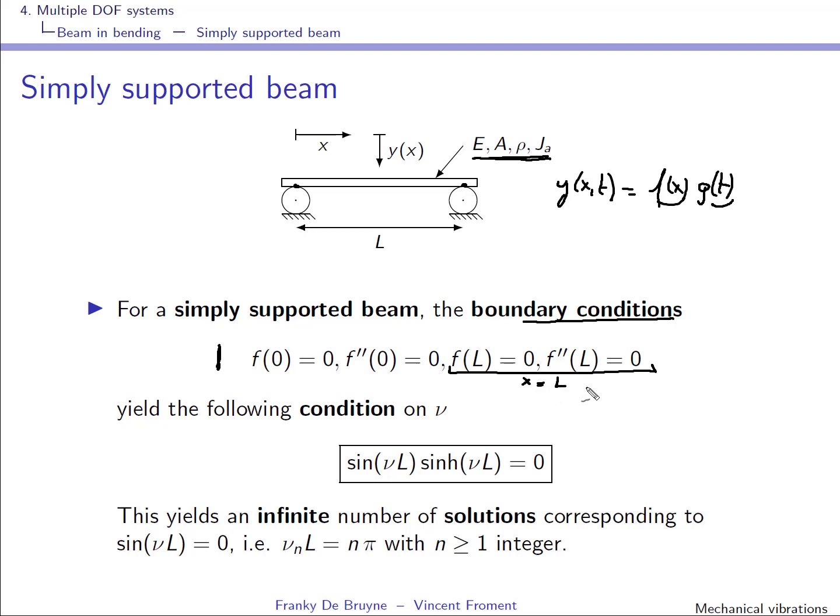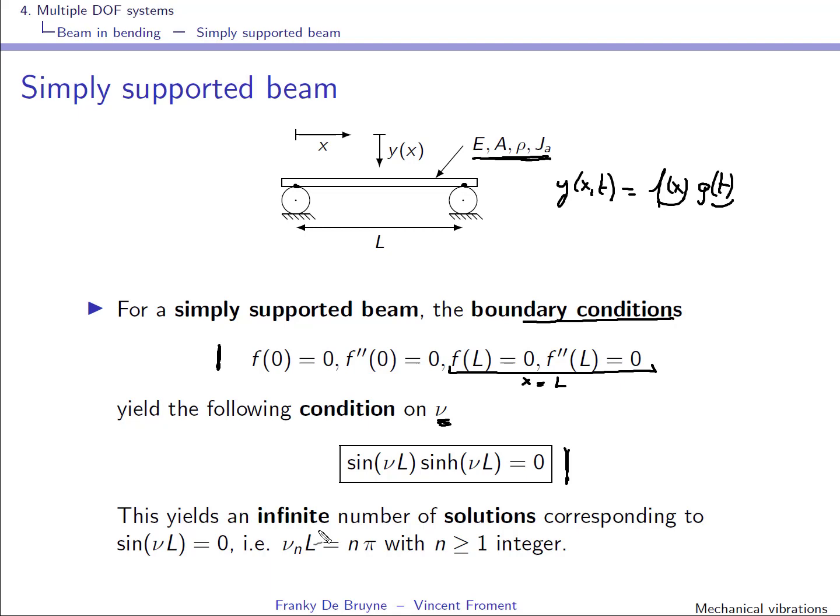And if you plug that in the previous equation that we had obtained, the equation with sine, cosines, and hyperbolic sine and cosines, you can obtain a condition on nu, and this is the condition that you obtain. And again, you will see, similar to the case of a bar in traction, that there are of course an infinite number of solutions to this equation.